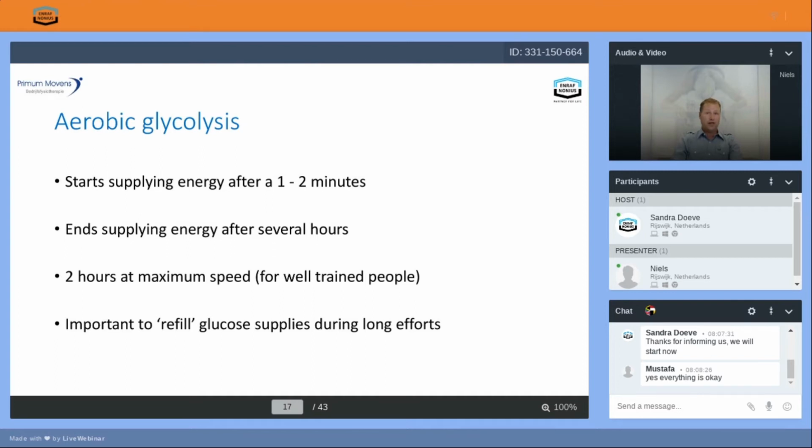But the second one is this glucose system theory, where you use up all the glucose that you have in your body. And when you do not eat, you will have this feeling of hunger. And when you do not feed yourself with sugars and with food from which sugars can be withdrawn, the body will use fat to produce sugars to refill those glucose supplies.